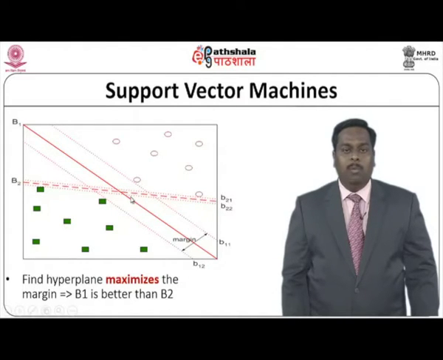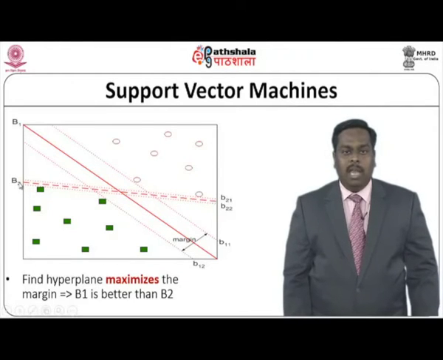So now we can consider this data and this green shaded data to be the nearest data points to this decision boundary B1. Based on these two nearest points, we can now define a margin for this decision boundary B1. The width, or the distance between these two boundaries, is considered to be the margin.